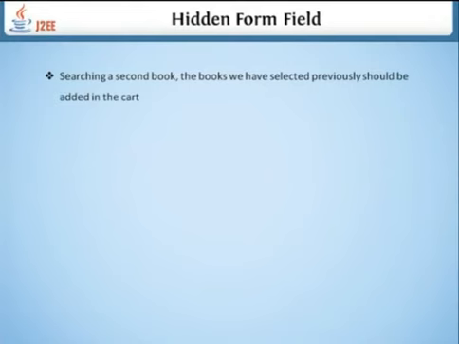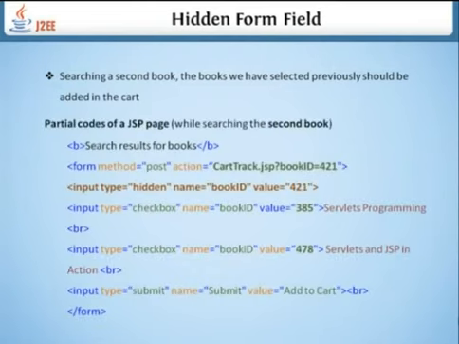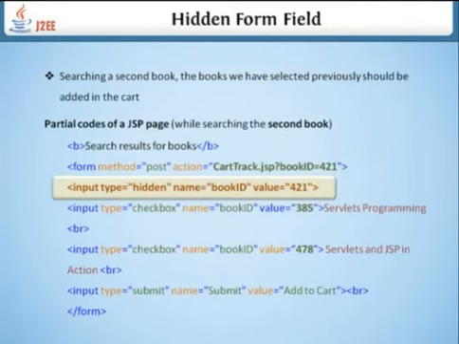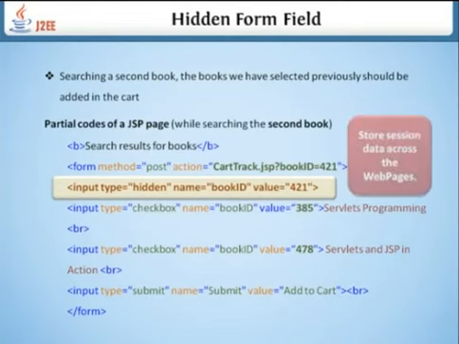Searching a second book, the book we selected previously should be added in the cart. Here input type equal hidden. Hidden fields can be used to hold any kind of data that we want.